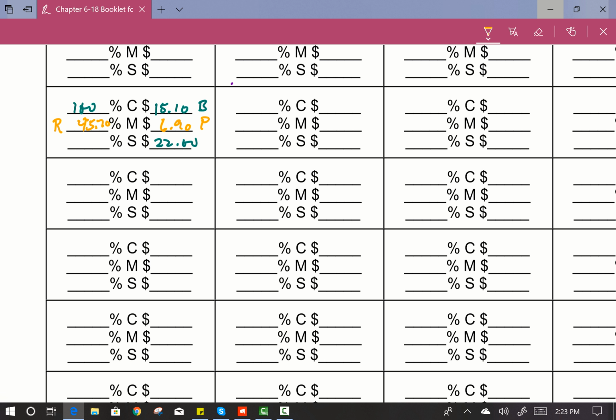And then just fill in the blanks to complete the tic-tac-toe. 100 plus 45.70 is 145.70. What I've learned on this one is that we marked it up $6.90, which was 45.70% markup on cost.